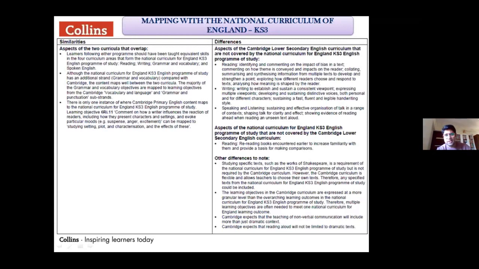There are so many aspects of writing from various viewpoints, developing a lot of voices, as they mentioned over here: expressing multiple viewpoints and perspectives, developing and sustaining distinctive voices, both personal and for different characters, sustaining a fast, fluent, and legible handwriting style. So again, enabling our learners to write properly, in a fluent and legible manner, is an important prerequisite.